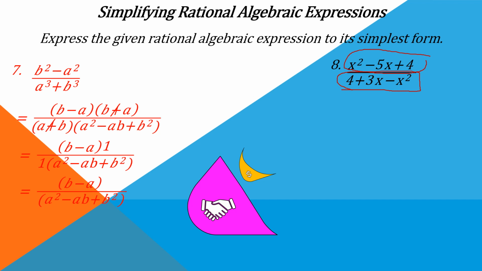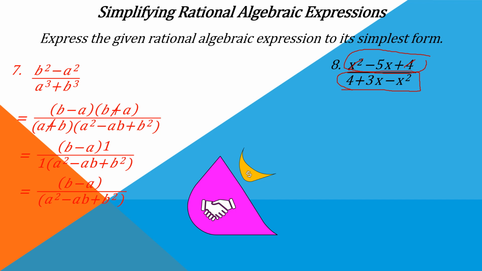If we analyze this problem, the factors of x squared are always x multiplied by x, and the factors of 4 are, we can say, 1 and 4, and we will use negative signs because negative multiplied by negative is equal to positive.